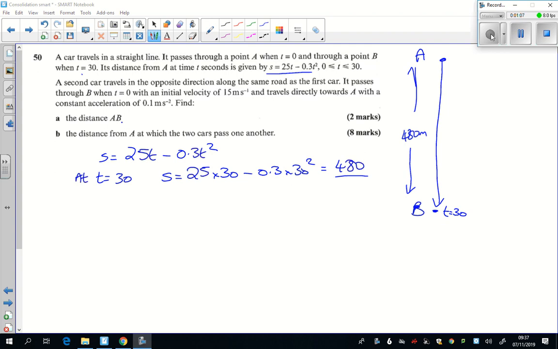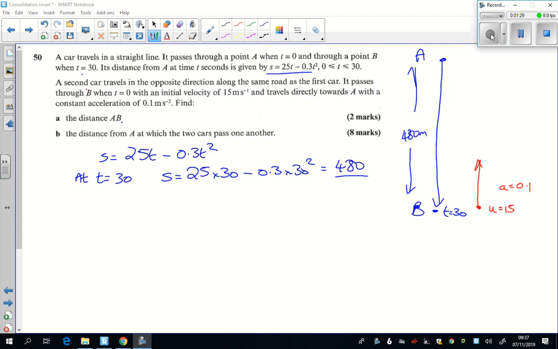Now the thinking. The second car is going in the opposite direction. So that's starting here and going that way. It's starting with an initial velocity of 15 and it's accelerating in this direction at 0.1.